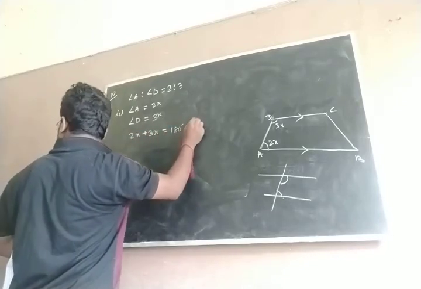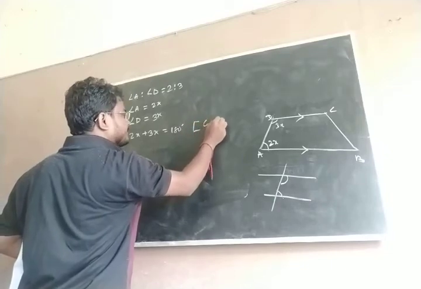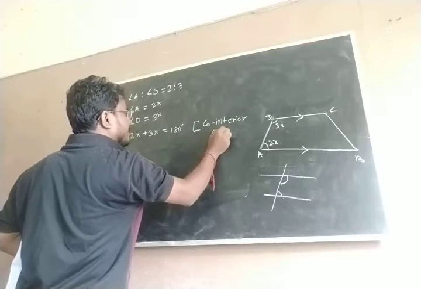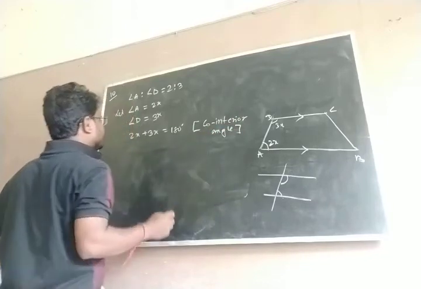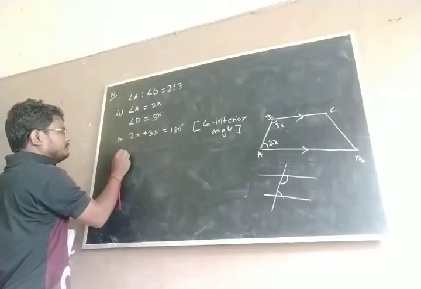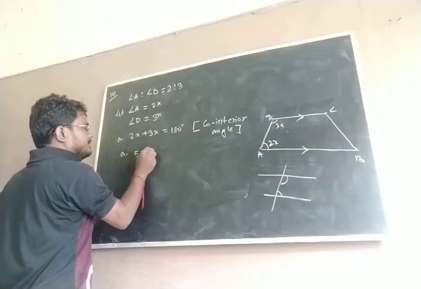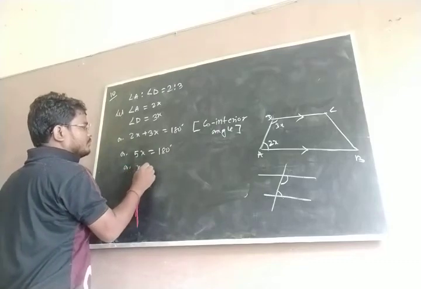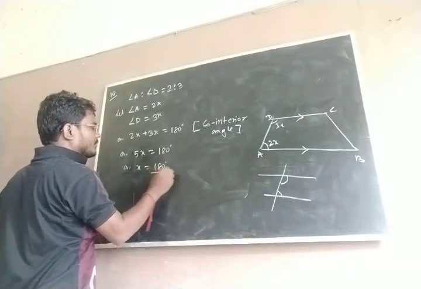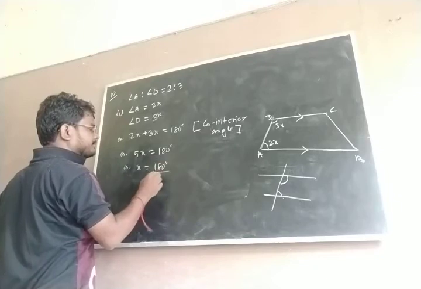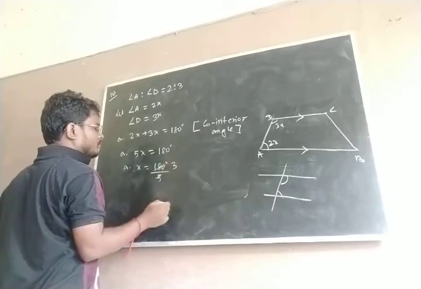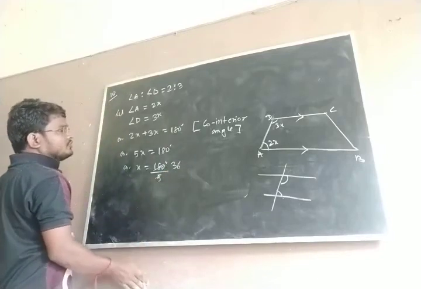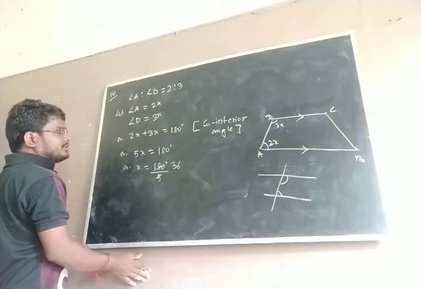In bracket, we will write co-interior angle. Or 5x equals 180 degrees. x equals 36.